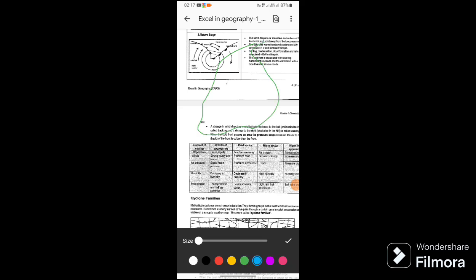When the cold front approaches, temperature does what? Drops. Then air pressure, I'll say it increases. Then humidity decreases. Then precipitation is thunderstorms.